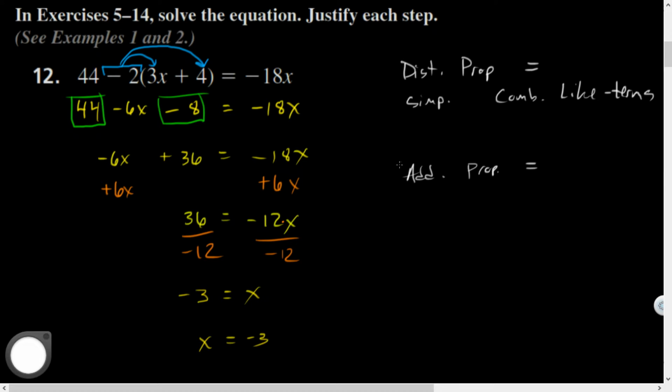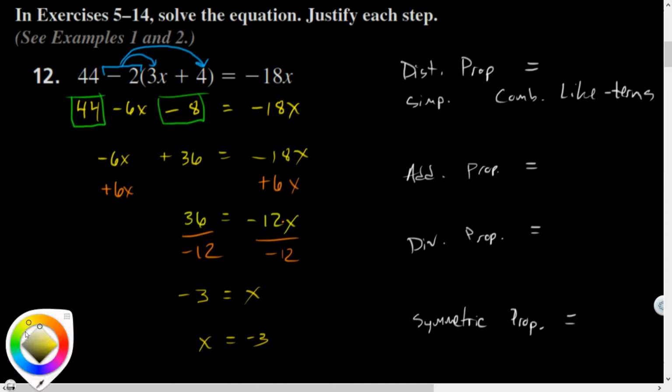And then the division property. Fortunately, these are very aptly named properties. It would have been really inconvenient if they named them different things. And then what was this last move here? Oh, that's the one. I always call it reflexive, but it is not. It is the symmetric property of equality. All right, not that bad.